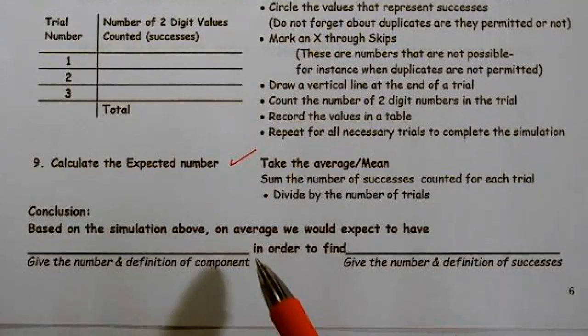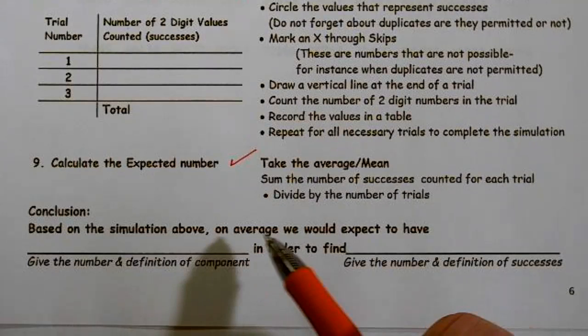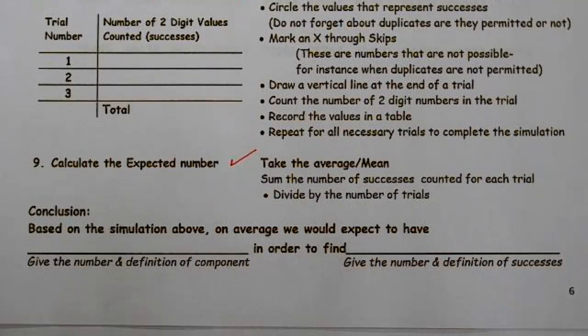And it's based on the simulation above, or based on my simulation, on average, I would expect to have blank. And sometimes it's going to be I'm going to have to do something over and over again to find this many successes. Sometimes it's on average, we would expect to have this many successes, all right? But somehow or another, you need to answer the question.